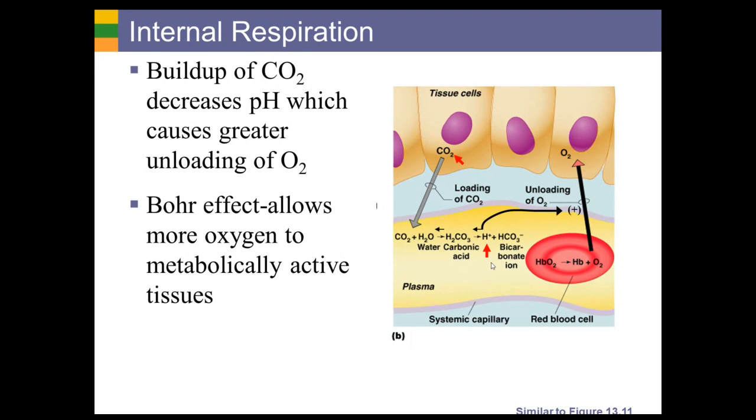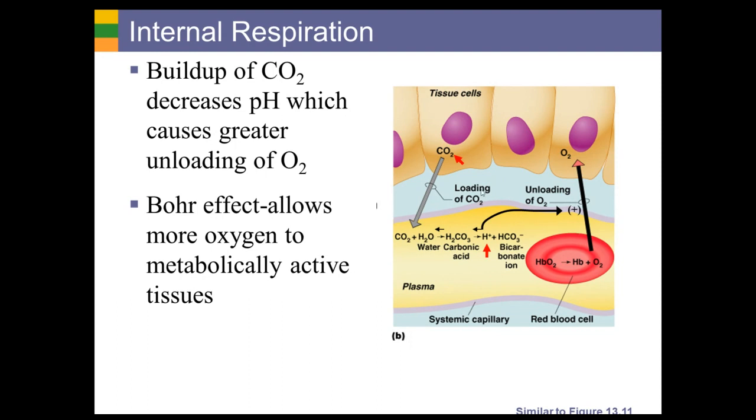What do we know about the effect of pH on proteins? Well, it can alter the shape of those proteins so that they don't function as well. Well, hemoglobin is a protein. That drop in pH can cause hemoglobin not to bind as well to oxygen and cause it to give up more than that 50% of oxygen that it would normally unload.